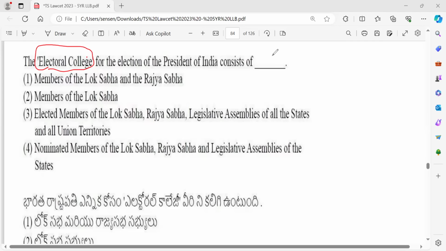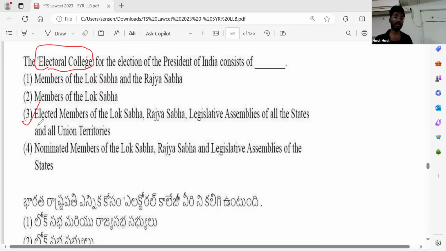Option 3, sir. Very good. Elected members is very important. If he simply gives members of Lok Sabha, it is wrong. Elected members of Lok Sabha, elected members of Rajya Sabha, elected members of legislative assemblies of states, and elected members of legislative assemblies of union territory, if the union territory has an assembly, right?